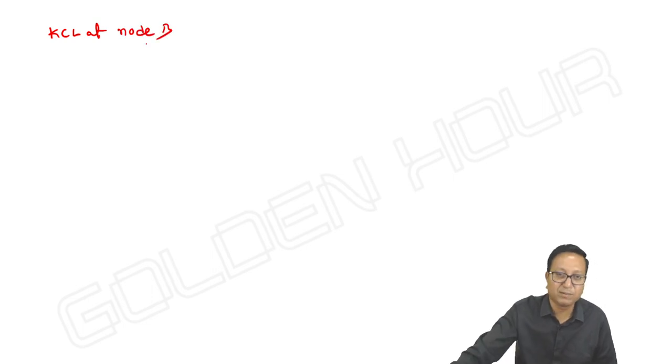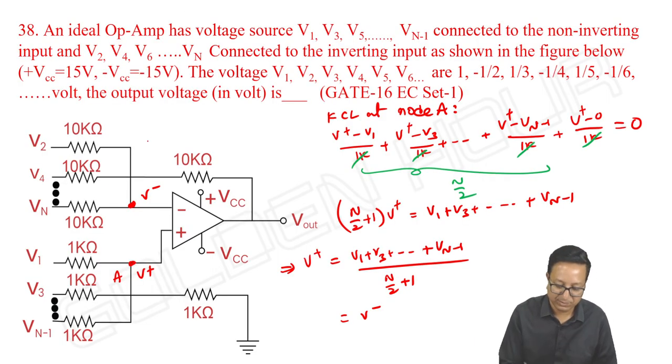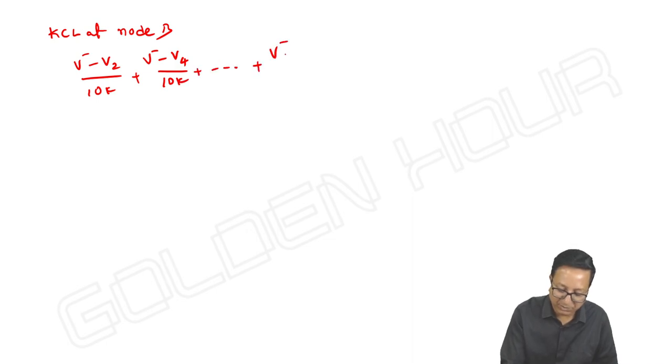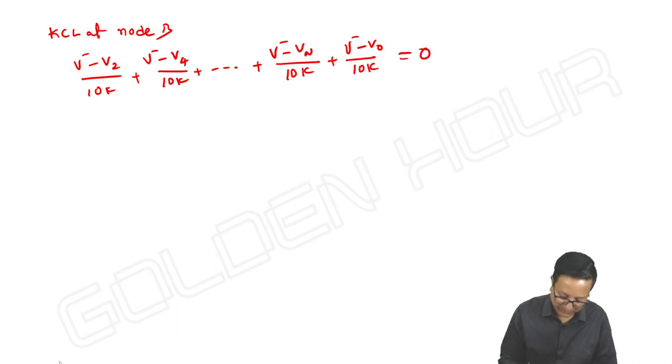KCL at node B. Let me take it as node B. Then V minus minus V2 by 10k plus V minus minus V4 by 10k plus so on plus V minus minus Vn by 10k plus V minus minus V output by 10k is equal to 0.